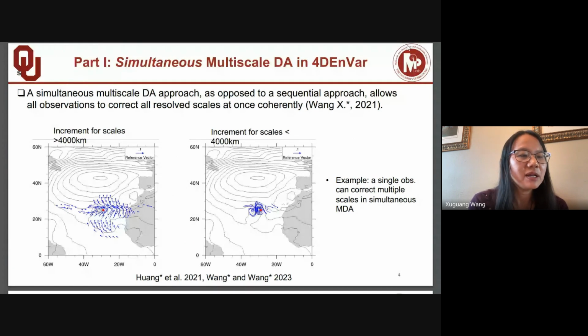So in this topic 1, in our earlier studies, we found that simultaneous multi-scale data assimilation, compared to a sequential approach, can allow all observations to be used to correct all resolved scales all at once in a coherent fashion. Next, please.